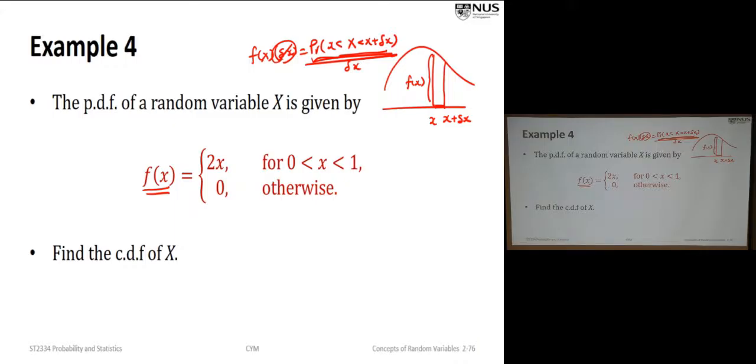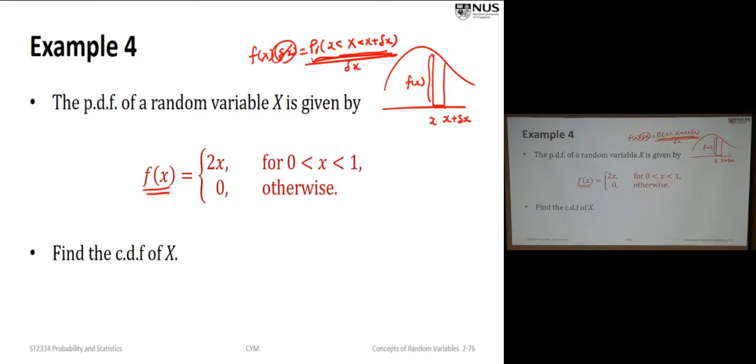So the density function multiplied by the width will tell you the probability that x falls within this interval. That's why it's called density function. So little f of x is not a probability, but the density of the probability in the neighborhood of x, a very small neighborhood, where delta x is very small.